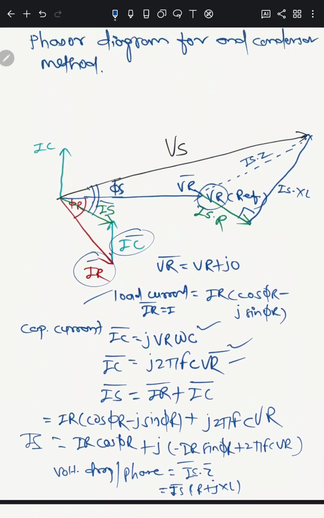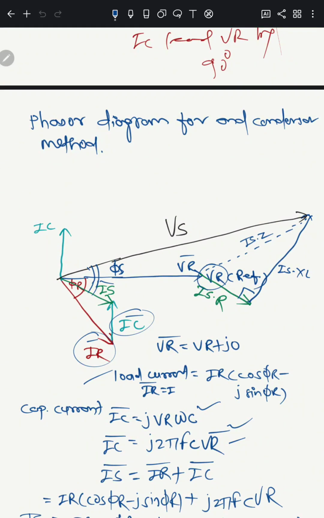Next, considering the sending end voltage, Vs bar is equal to Vr bar plus IS bar into Z bar.